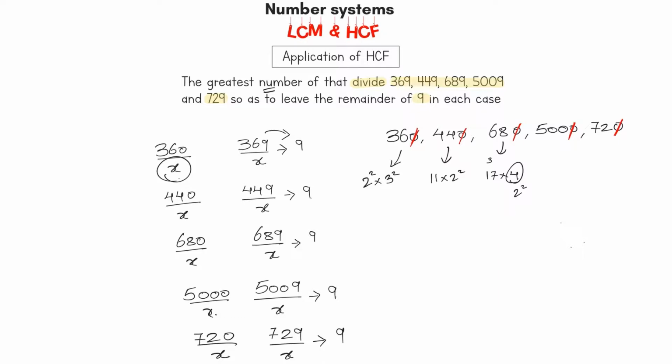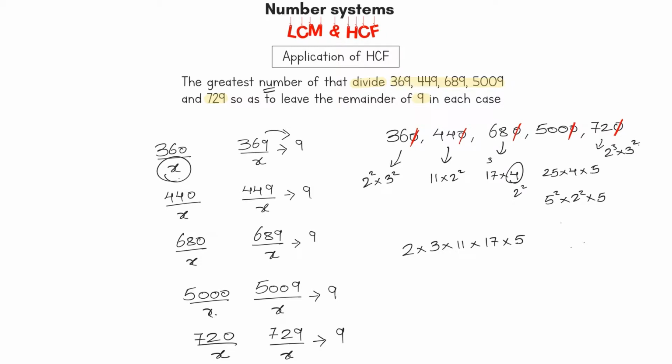This could be written as now 500, so this is 5 into 100, 25 into 4 will be 100 into 5, so this becomes 5 square into 2 square into 5. And 72 is 8 into 9, so 2 cube into 3 square. That's what I get from here. What are the distinct numbers that I can see here? 2 and then 3 and then 11 and then 17 and then 5.